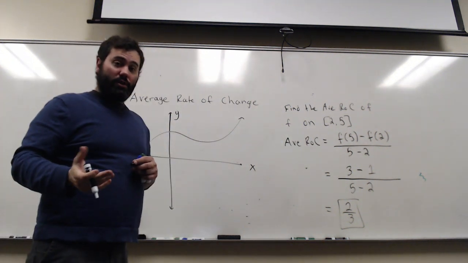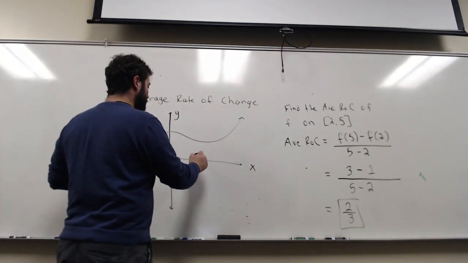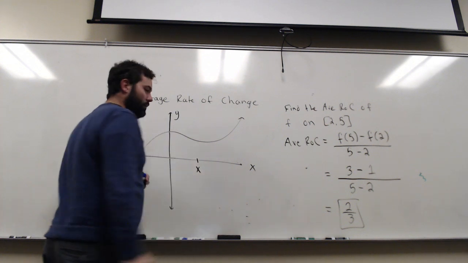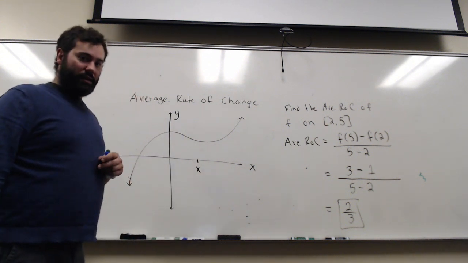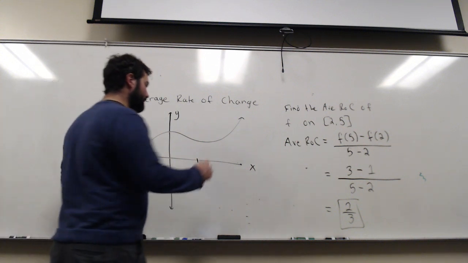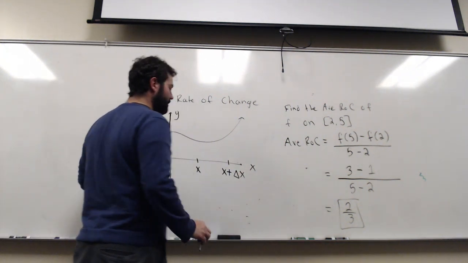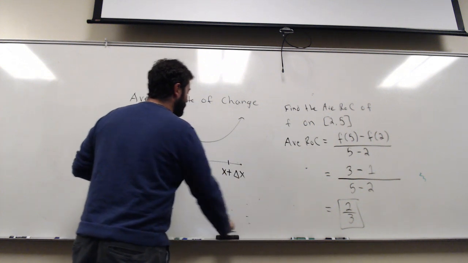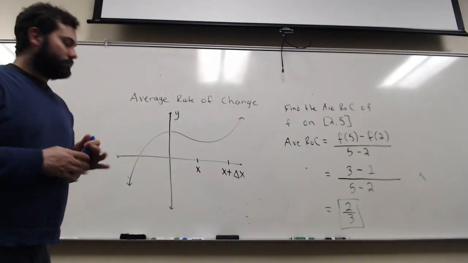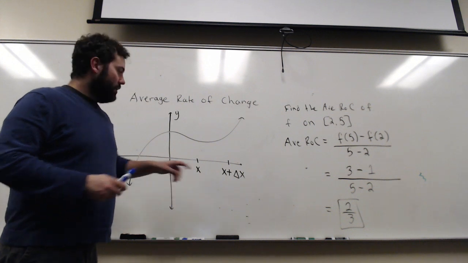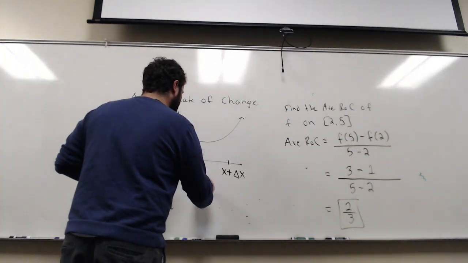This time I'm just going to use the notation x, and I'm going to add some quantity to that x value. So I start at x, and I'm going to add a quantity.